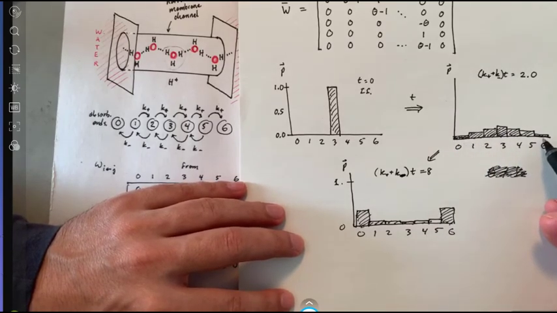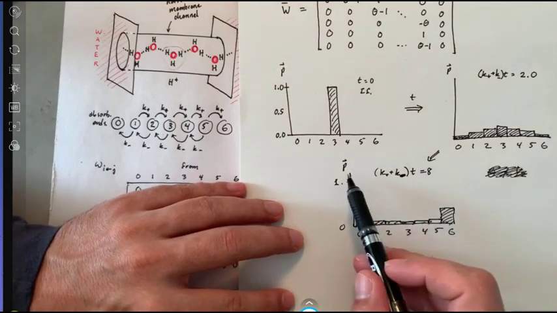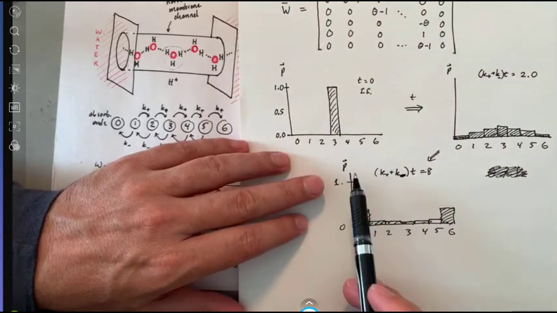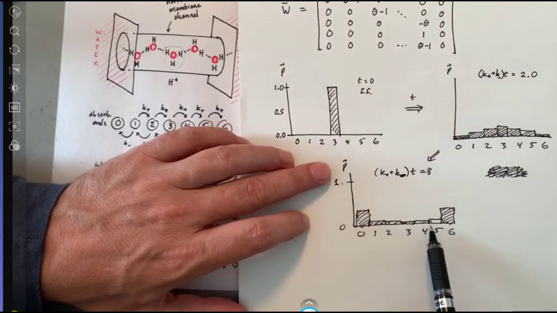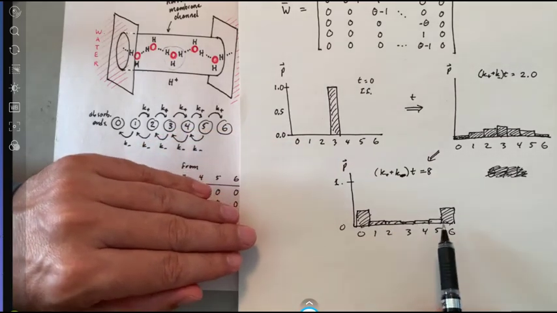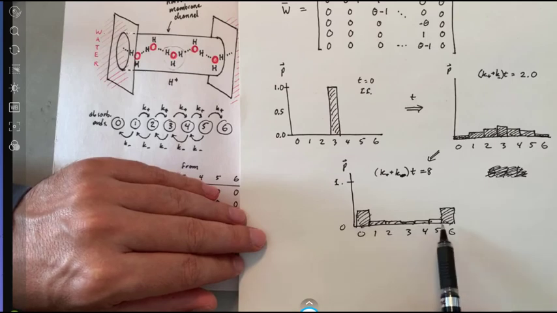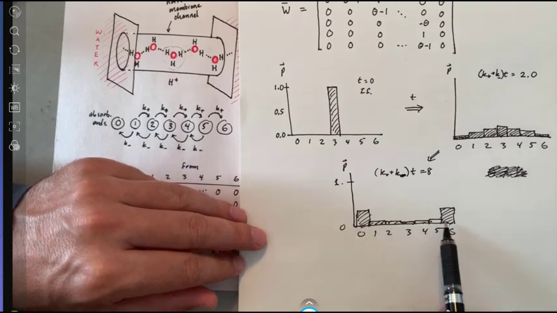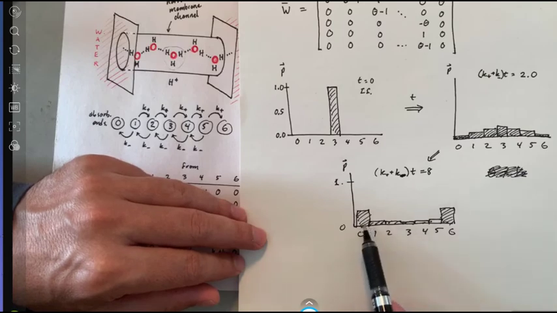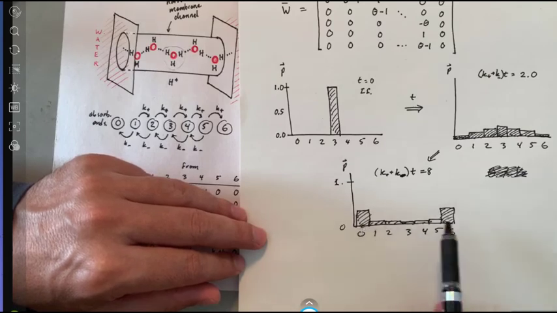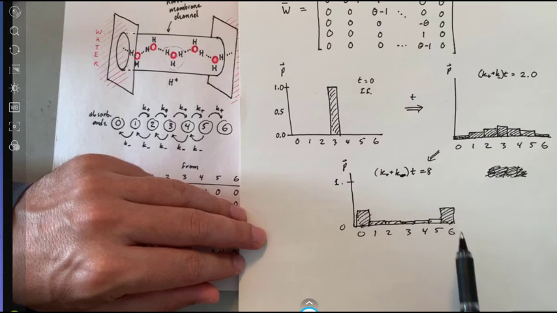If I continue to advance time, what will happen in the solution to this equation is that my probability vector will gradually get smaller and smaller in state 3 as probability leaks out through the surrounding states, eventually being absorbed into state 0 and 6. At very long times with theta equals 1/2, state 0 will capture 1/2 of the probability, and state 6 will capture 1/2 of the probability.